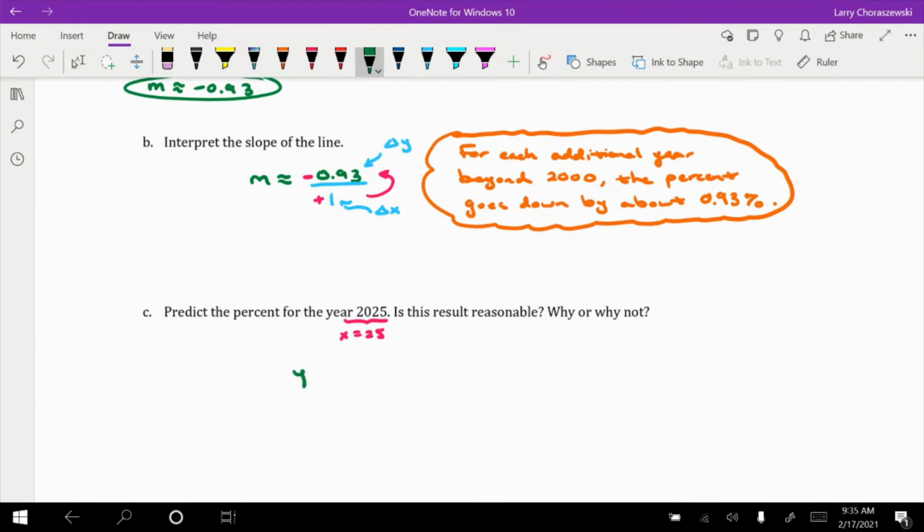And when we do that, we can plug it in. y equals negative 0.93 times 25, plus 20.6. And when I crank this out, I get negative 2.65.